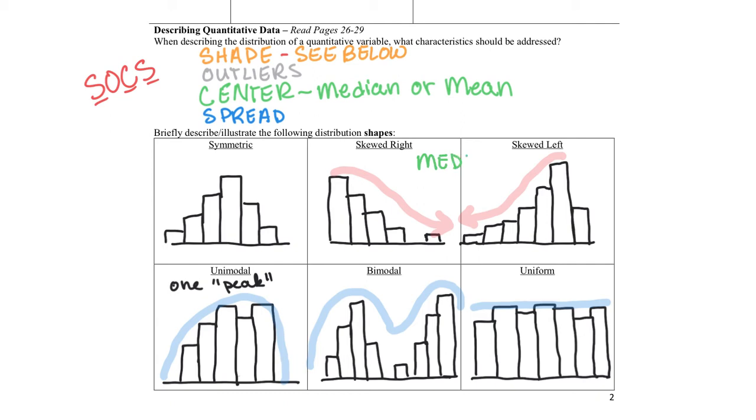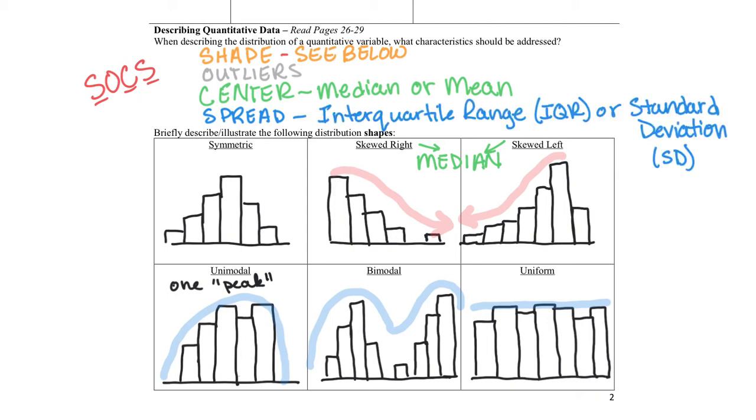So if you have a skewed graph, you're going to use the median, and we're going to do an activity to see why you use the median, but just trust me, if your graph is skewed, you're going to use the median. For any other kind of graph, it doesn't matter if it's the weirdest shape you've ever seen, you're going to use the mean. So just in skewed graphs, it's very important that you use the median.